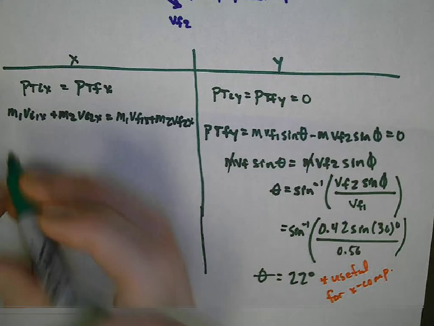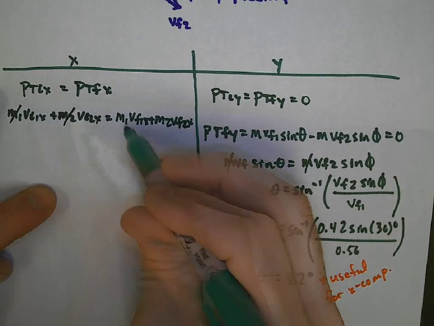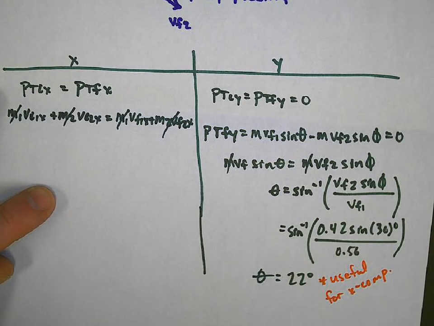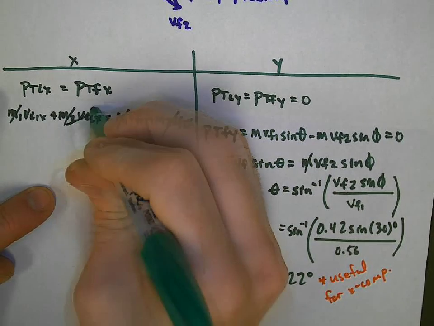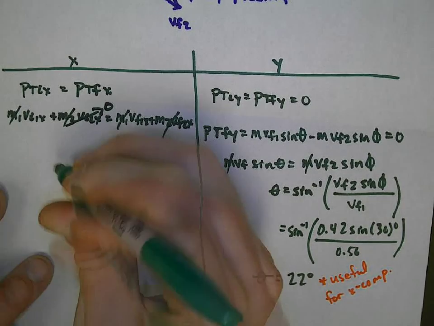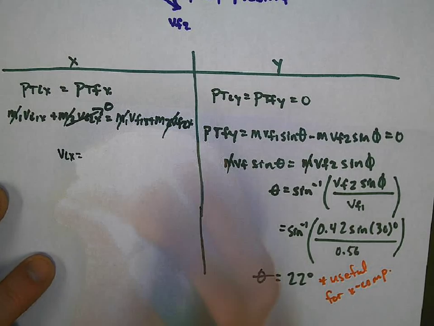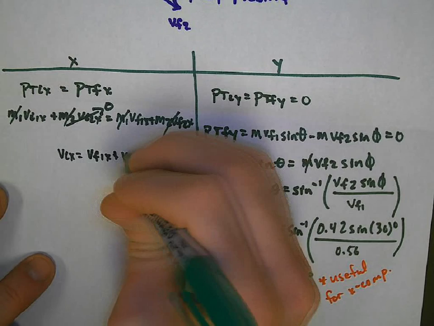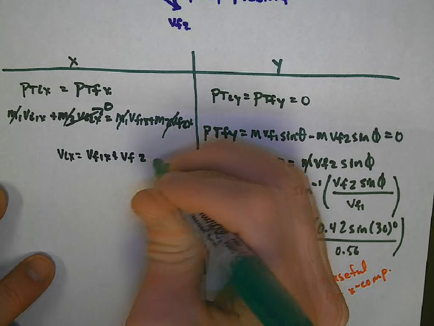And since all the masses are the same, they cancel out. And also we are given that mass 2, the second stone, the object stone, was initially at rest. So to help us calculate Vix is rather easy now. We have Vf1x plus Vf2x.